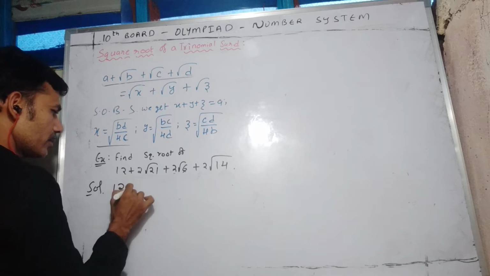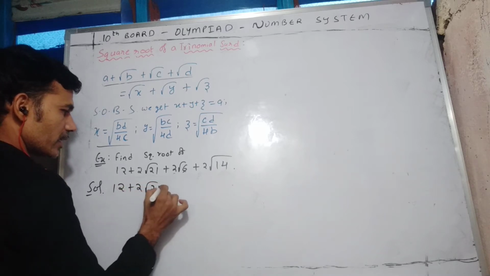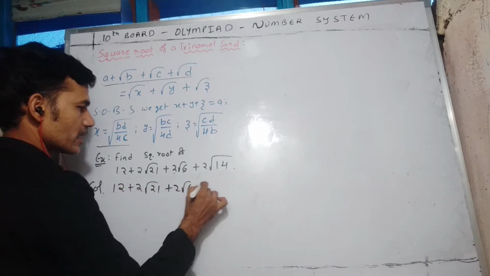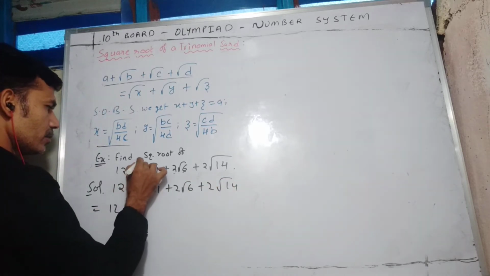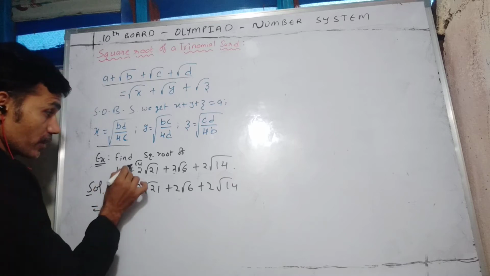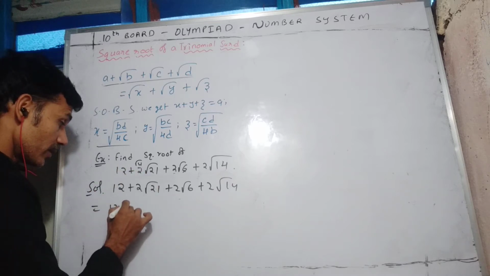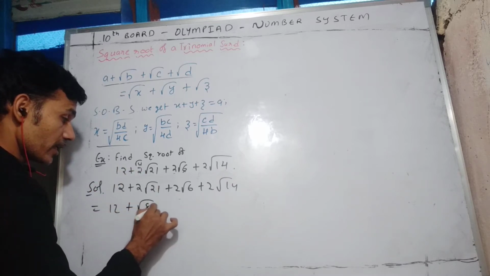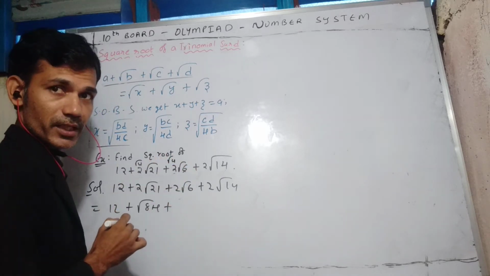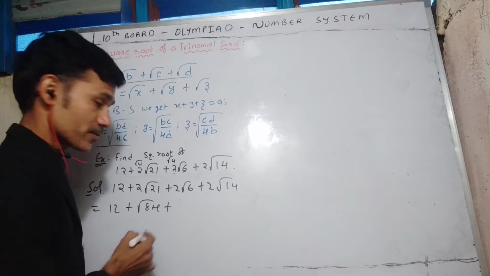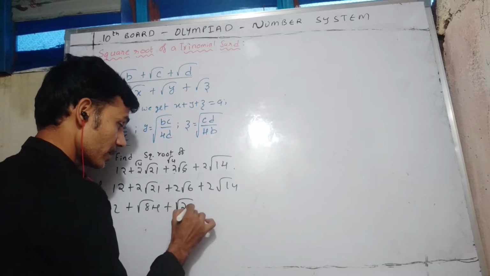So what do we have to do? 2 times root 21, 2 times root 6, 2 times root 14 they gave. See, 2 we can write as square root of 4. Square root of 4 into square root of 21, that is square root of 84. Similarly, square root of 4 into square root of 6, that is square root of 24.